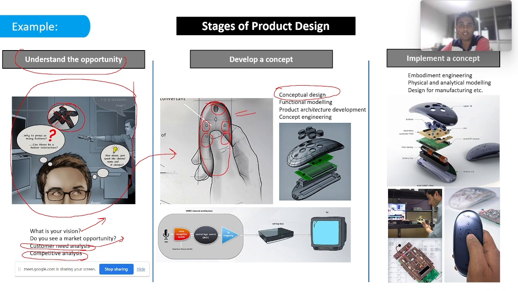This is the final concept I'm showing. You also go for functional modeling, where you try to see how the components inside will be distributed. So you do functional decomposition. I'll be talking about functional decomposition probably in the next couple of classes. And you also look at product architecture. So this is the architecture.